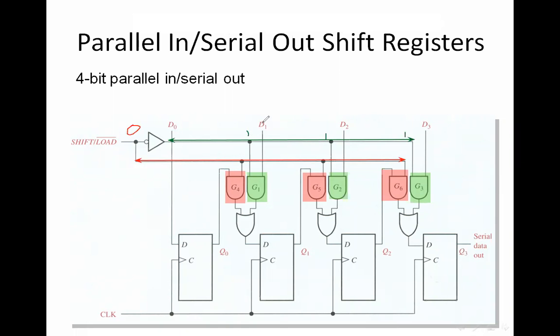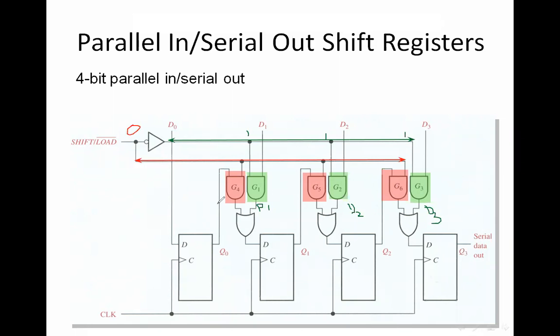So D1 is coming here, D2 is coming here, and D3 is coming here. Yes or no? D3 can be 0 or D3 can be 1, whatever for that matter.